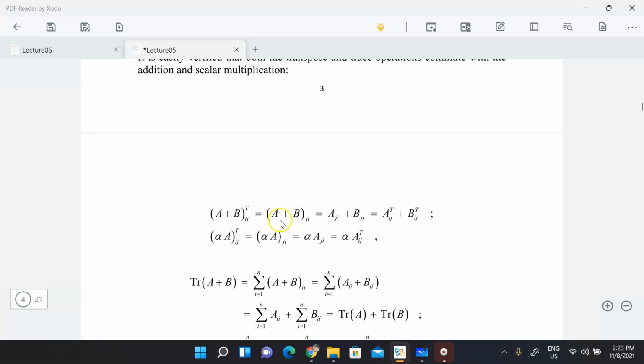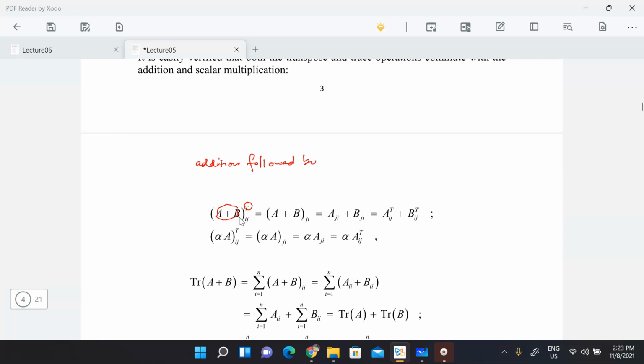So here I'm mixing two different operations. First you have your so-called addition, and then this is followed by a transpose. In other words, the way it's been written, you do the addition first, followed by transpose.